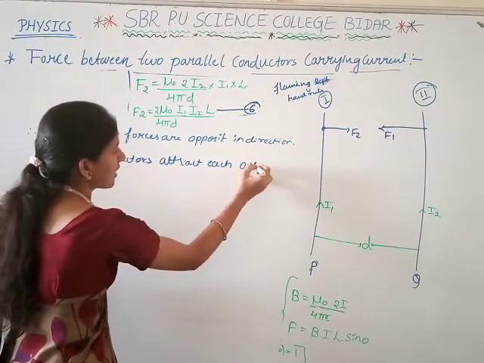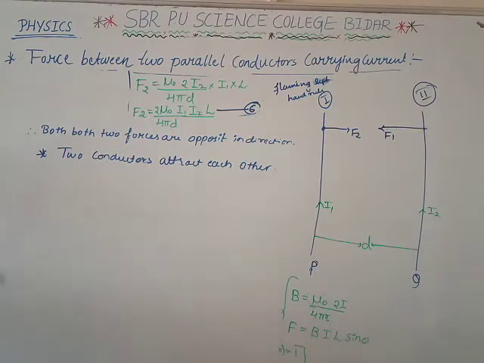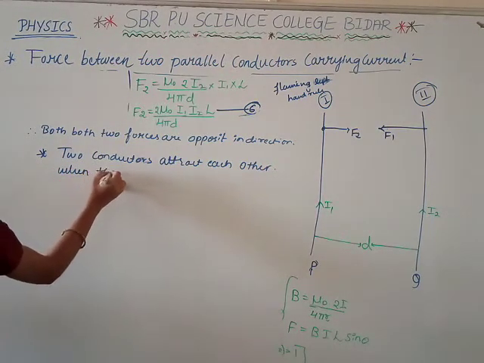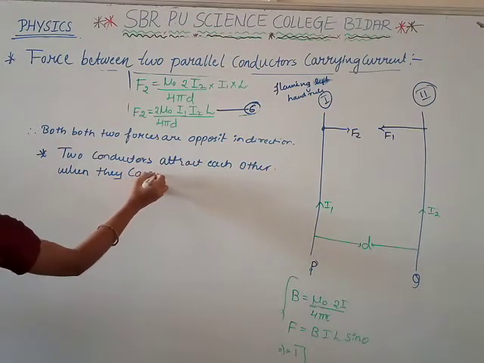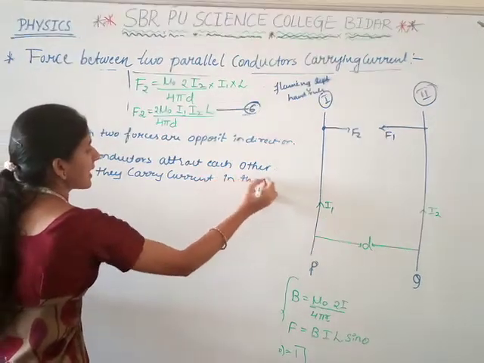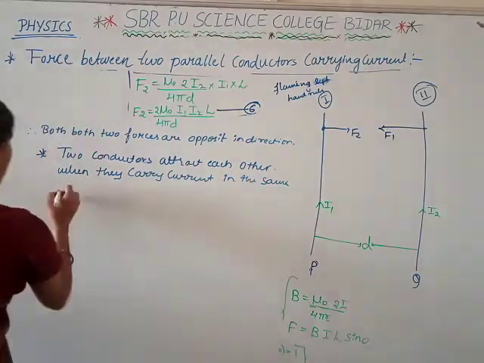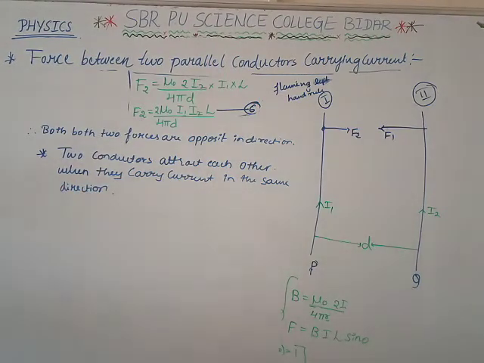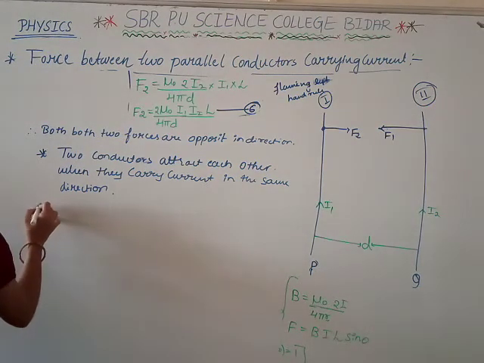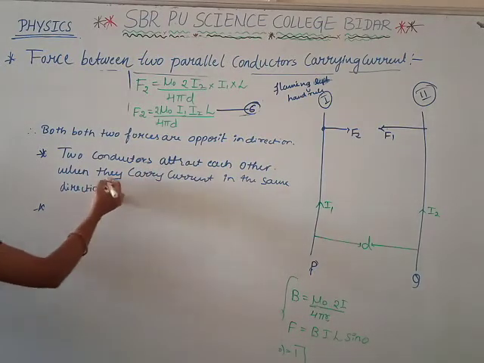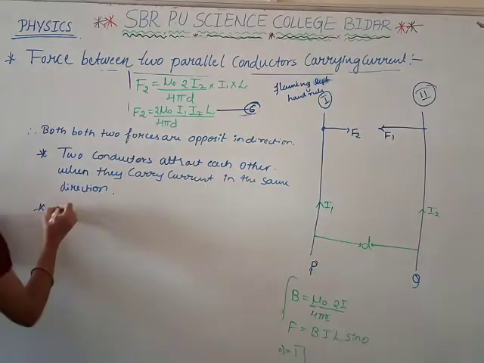Two conductors attract each other when they carry current in the same direction, which means parallel current. In the same way, two conductors repel each other when the current is carried in different directions.